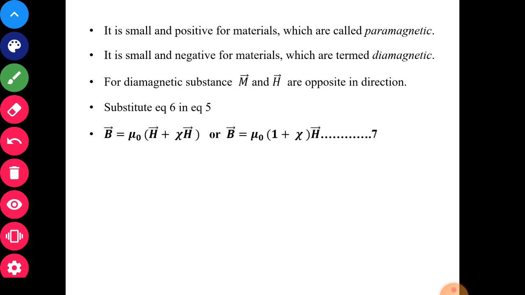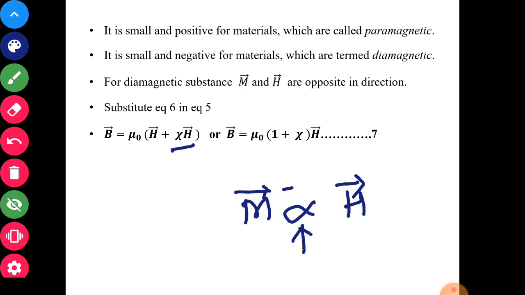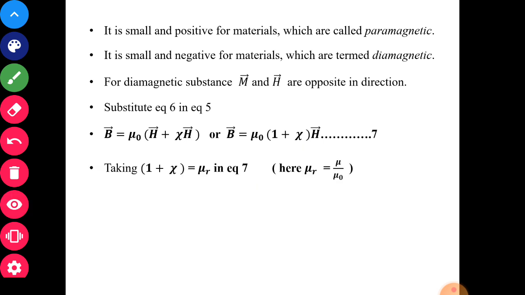There it was mu 0 H, and it was mu 0 into M. Now instead of M we are writing chi H. H is taken common from the bracket, so it becomes B is equal to mu 0 into 1 plus chi into H, which is the seventh equation.